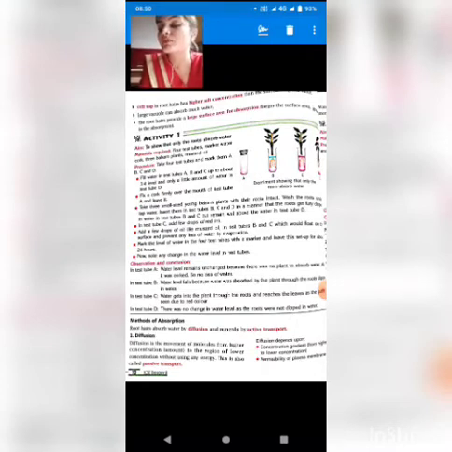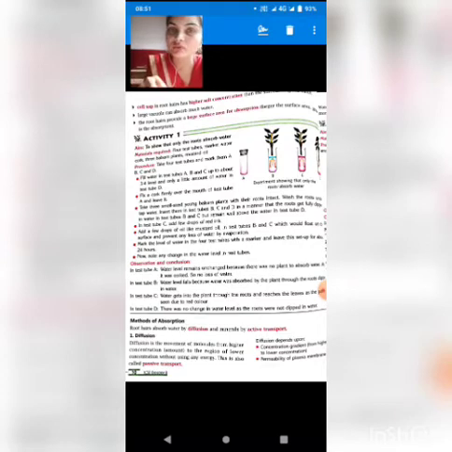So the first process, students, is diffusion. Diffusion is the process by which root hair absorbs water. Diffusion is the movement of molecules from the region of higher concentration to lower concentration. For example, students, in the soil in which the plant is grown, we put water.